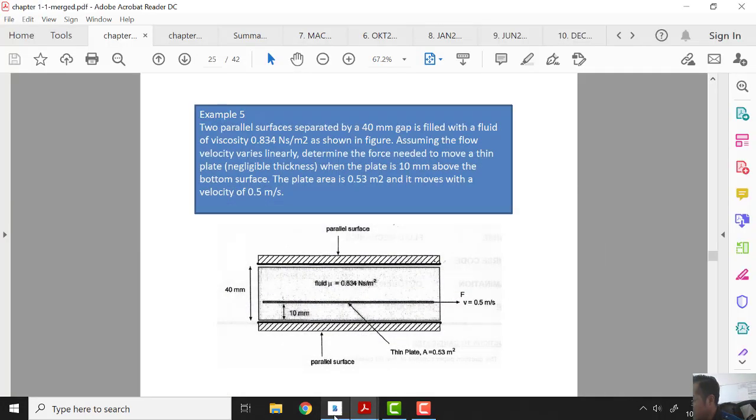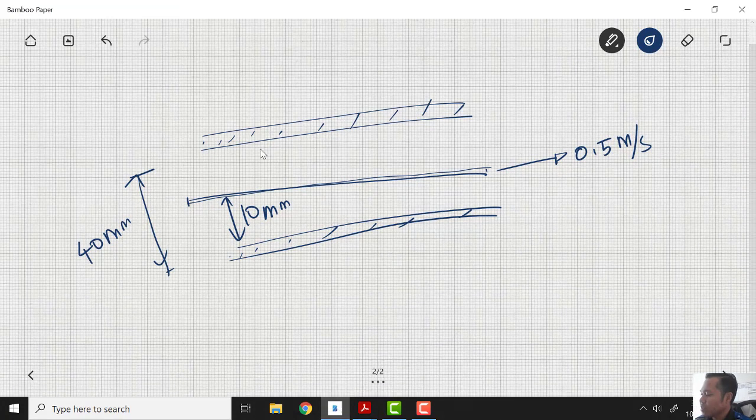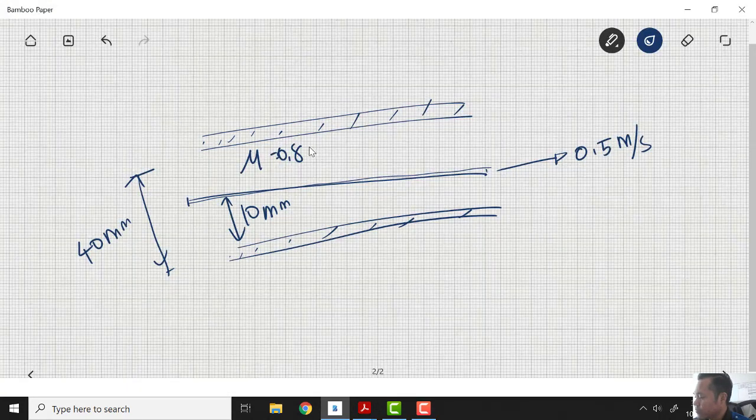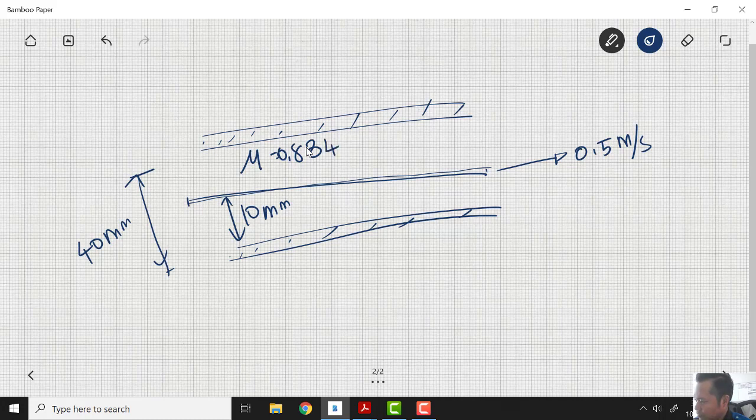Then we have the mu, which is 0.3834 Newton second over meter square.